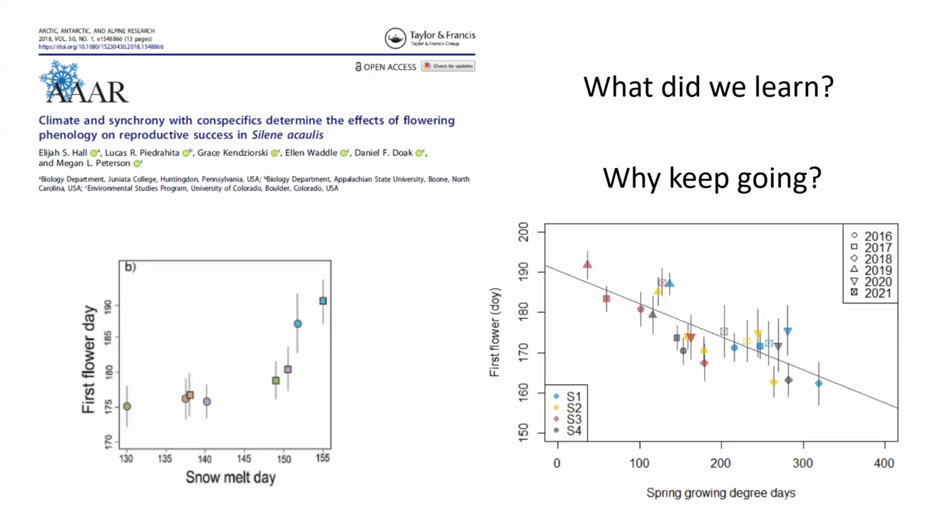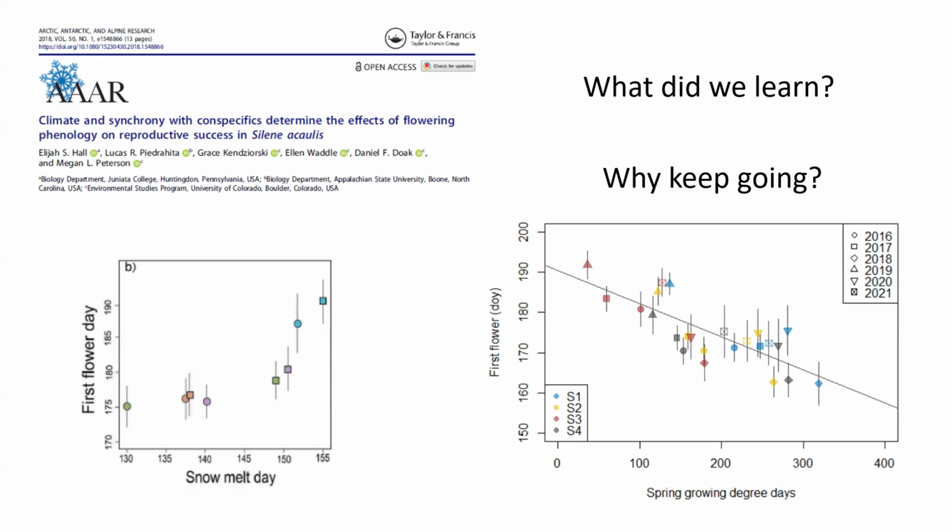And this is a graph with a kind of complex climate variable on the x-axis called growing degree days. I won't get too much into it, but essentially it's summing the warm temperatures and also taking into account how early the snow melts. So it's kind of combining information about both snowmelt and temperature.